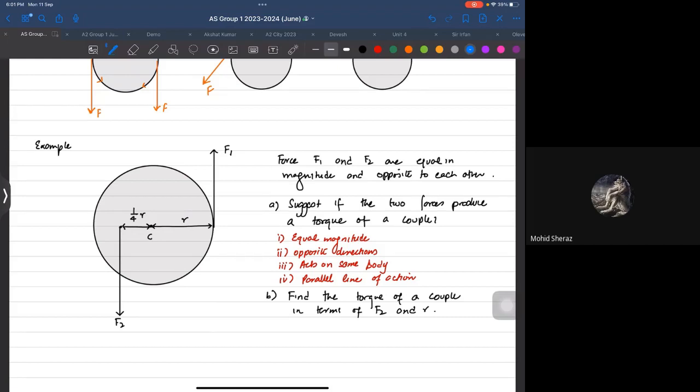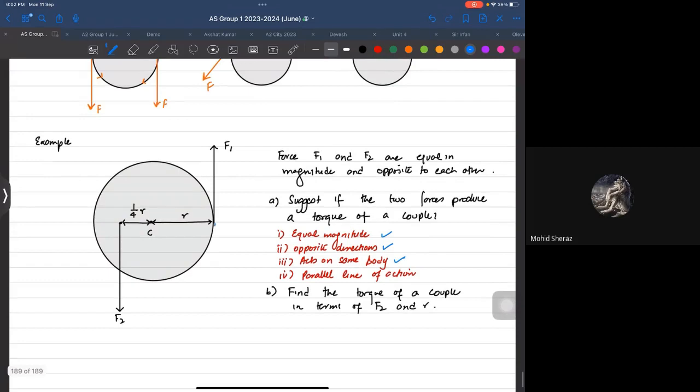Do they have equal magnitude? Check. Do they have opposite directions? Yes. Check. Do they act on the same body? Yes. Do they have parallel lines of action? Yes. So all the conditions are met.